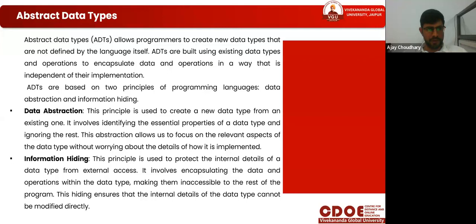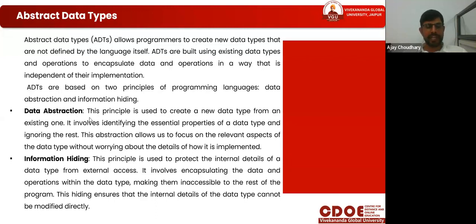Okay, sure. So these abstract data types are based on two principles, which are data abstraction and information hiding. The first one is data abstraction. This principle is used to create a new data type from an existing one, which means we have many data types and we are just using these data types with the help of the abstract keyword.